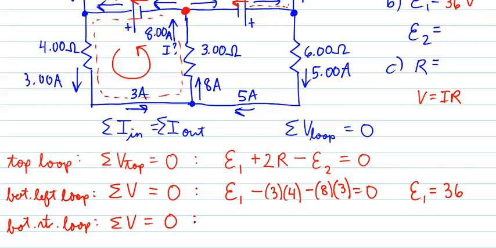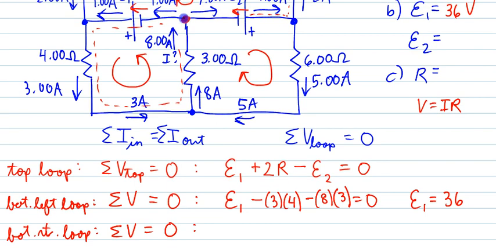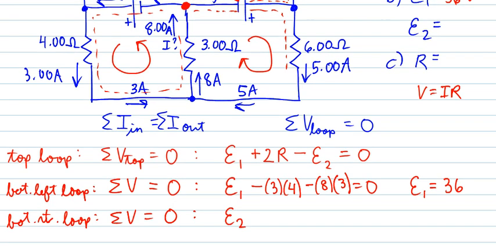Okay, so for fun, I think I decided to go clockwise again. And again, we'll start at that same point, and we come up to E2, and we go through it the normal way. That's going to be E2. And then we go through the 6 ohm resistor the normal way.